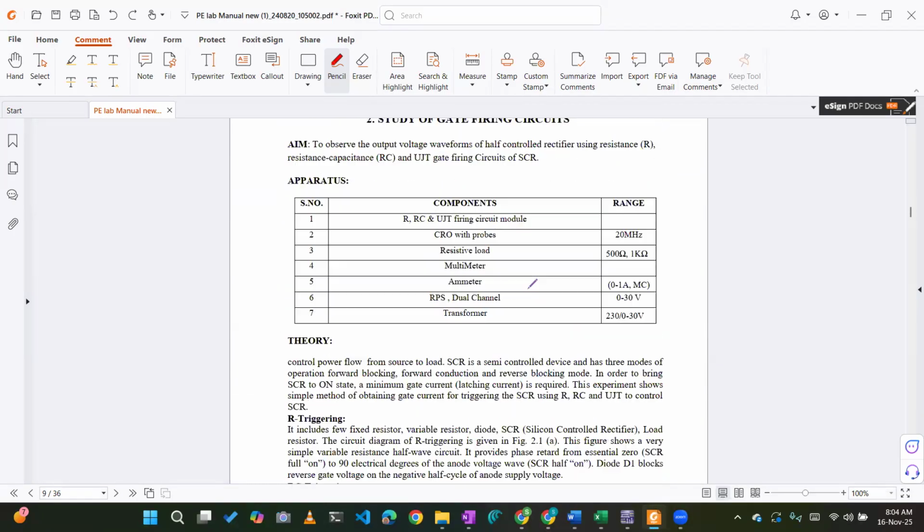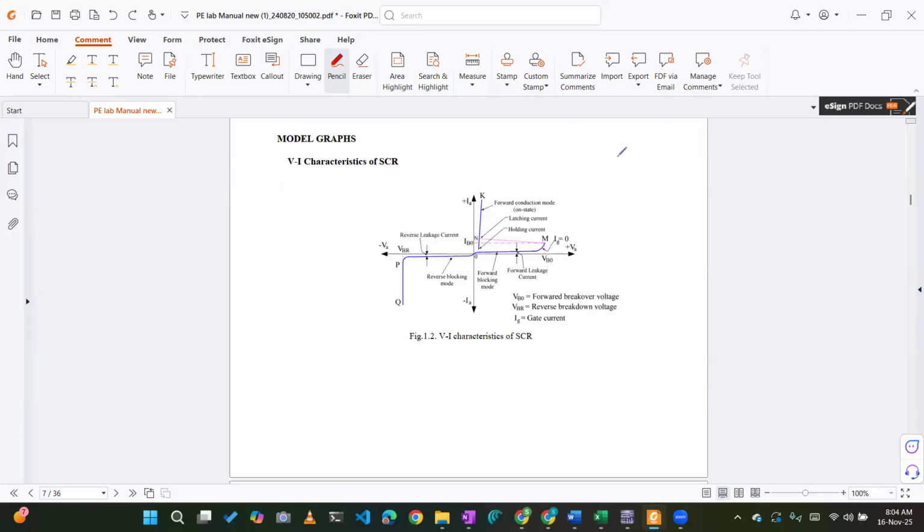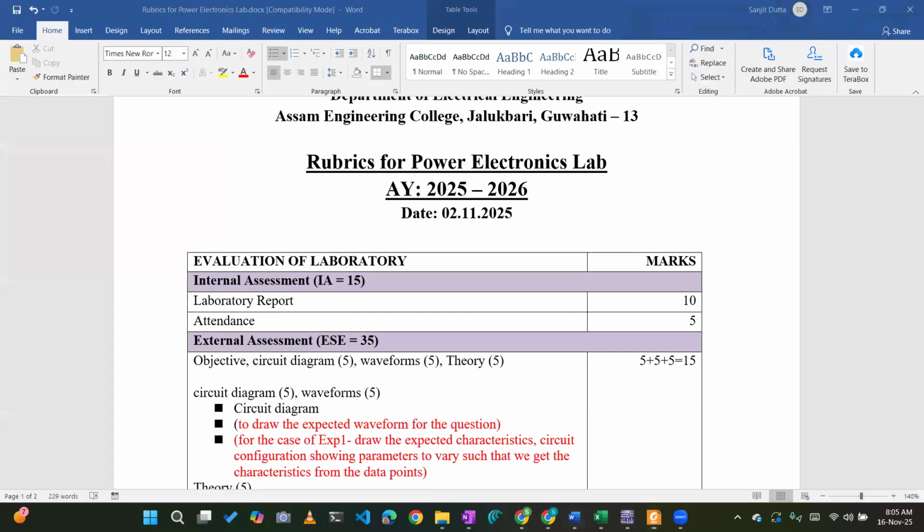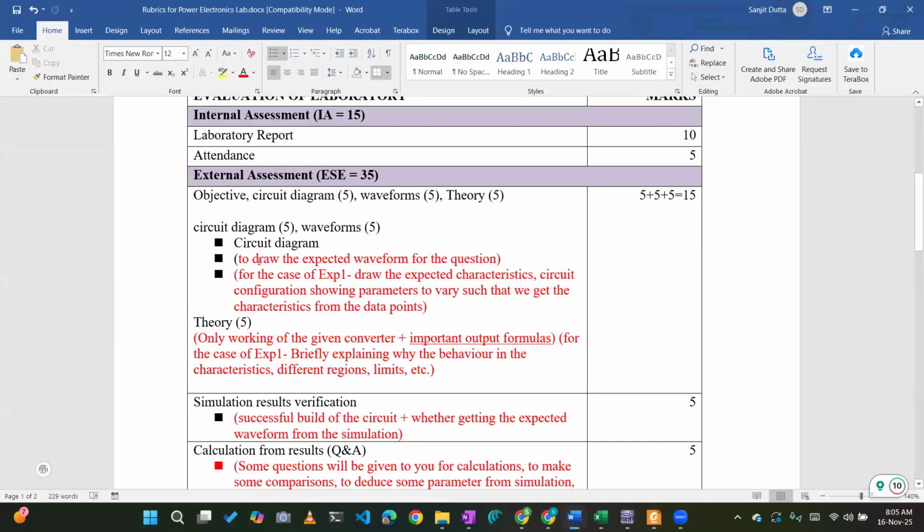For the MOSFET, you will draw the MOSFET characteristics that you have drawn in your practical copies. Then you will write what are these different regions: reverse breakdown, forward conduction, latching, holding current. What are those terms that you will write in the theory? Draw the expected characteristic for experiment one, and the circuit configuration.